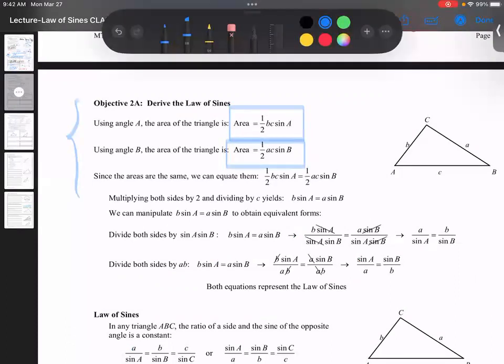So what I'm going to do next, I'm going to let the right hand side of this one equal to the right hand side of this one. It's really lagging. Which is we have it right here.